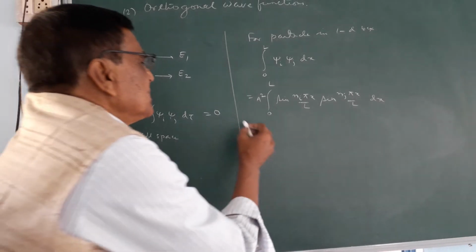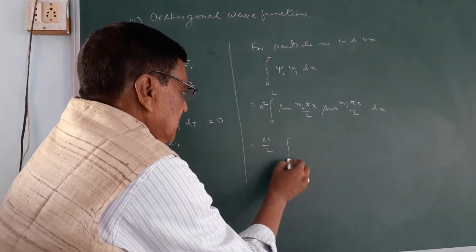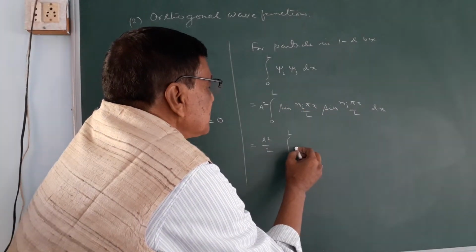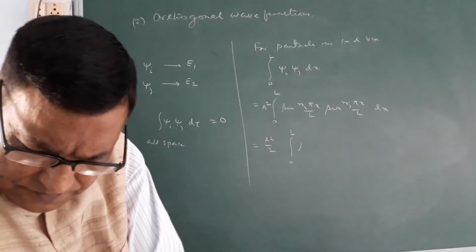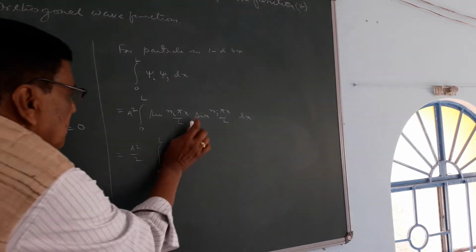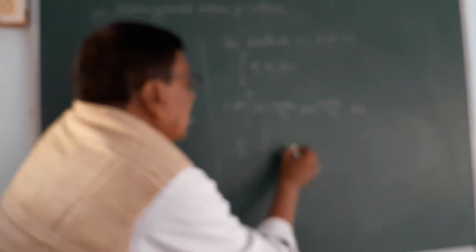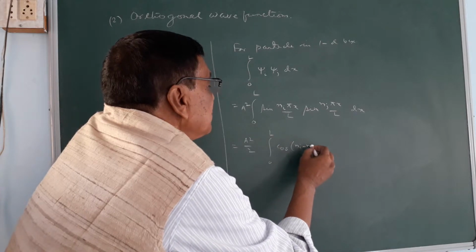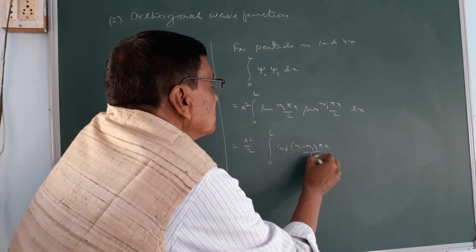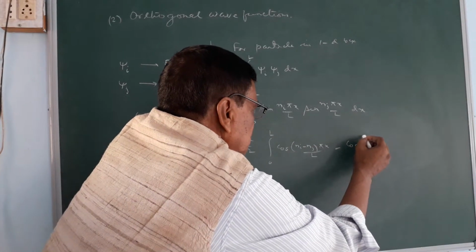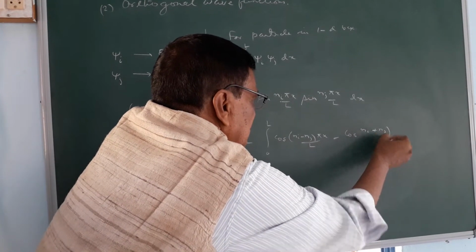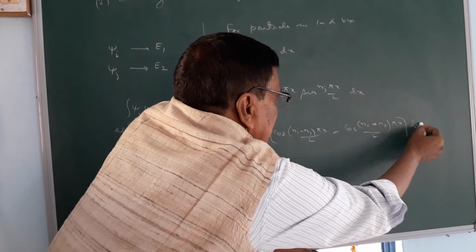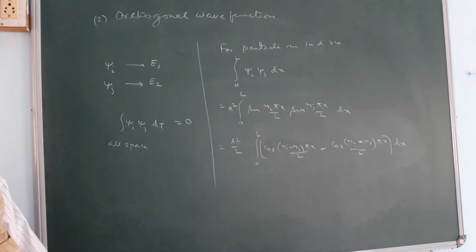If we do this integration, we get a squared by 2, from 0 to L, of cos((n_i minus n_j) pi x by L) minus cos((n_i plus n_j) pi x by L) dx, converting the product into cosines.